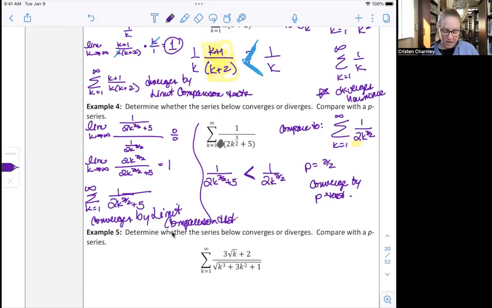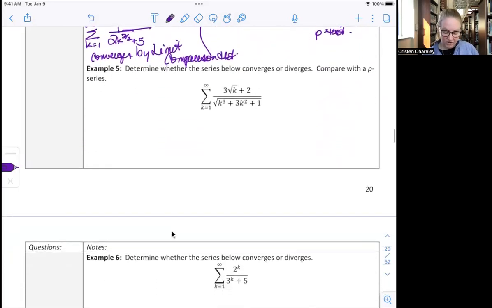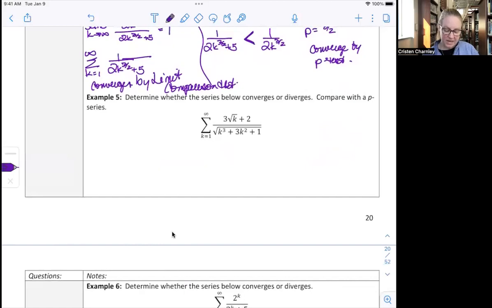Example 5, one more here. Determine whether the series below converges or diverges. Compare with a P series. I'm going to compare it to the sum from k equals 1 to infinity, I'm going to go with 3 root k over k to the 3 over 2.